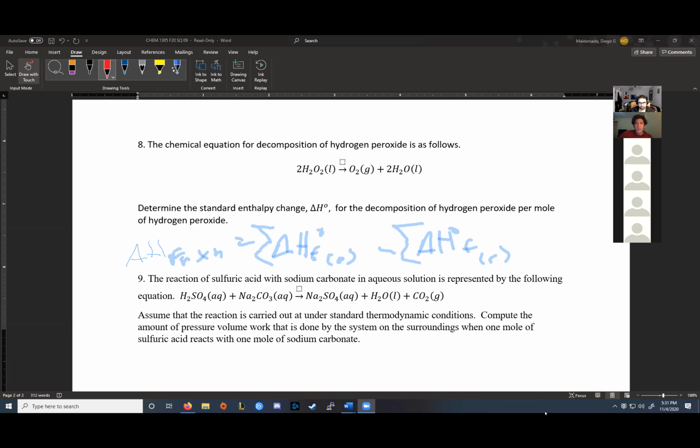So by looking at that, that's what they might do in a problem. They might not give you the oxygen one because you're already supposed to know it. It's a known. So in this case, we have to look them up, right? So if we look them up, what do you guys see? If anybody has, because I know if you're from my workshop, hopefully you have the PDF of the book.